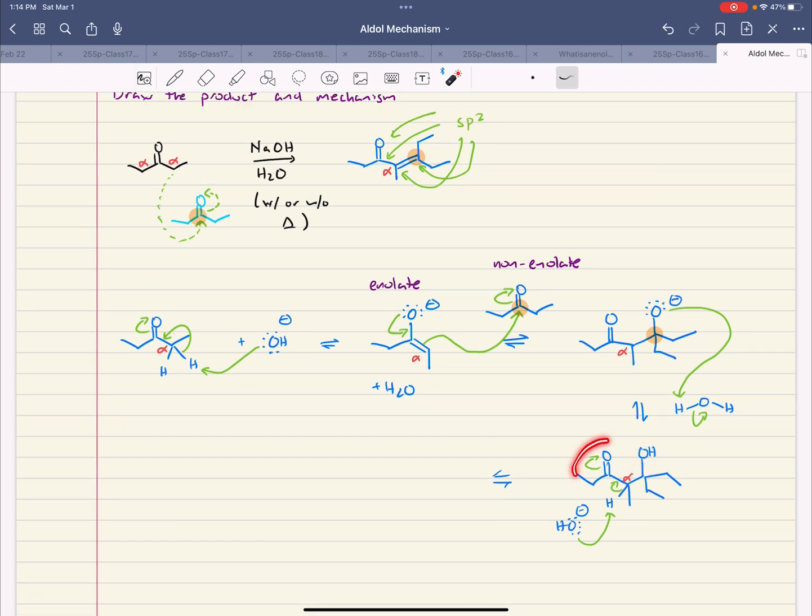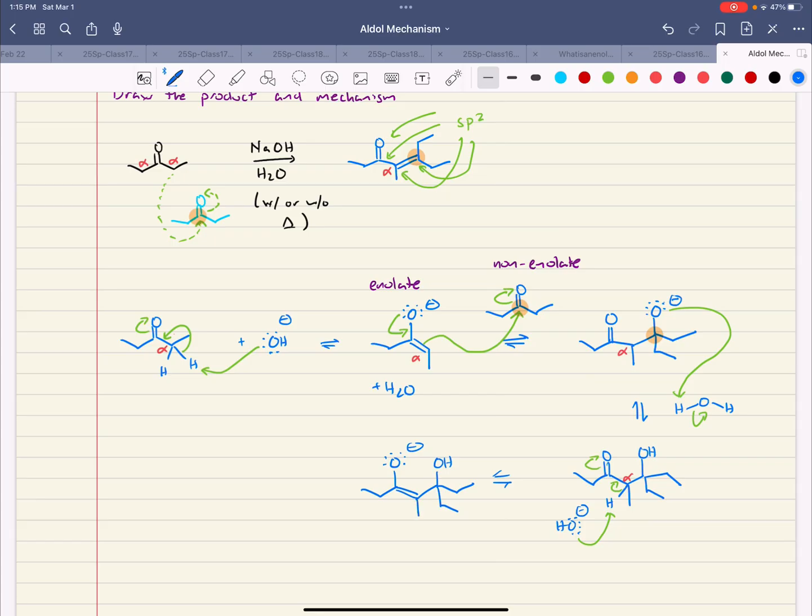You first have to form the enolate, or you can think of it as the conjugate base. Isn't this a deprotonation? When you deprotonate something, you make it the conjugate base. There is evidence that this happens.